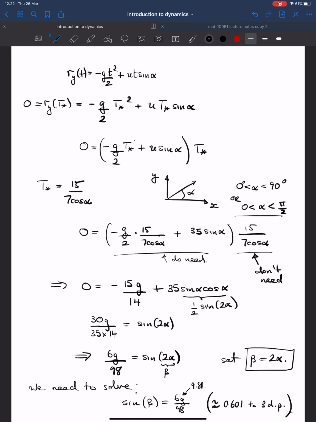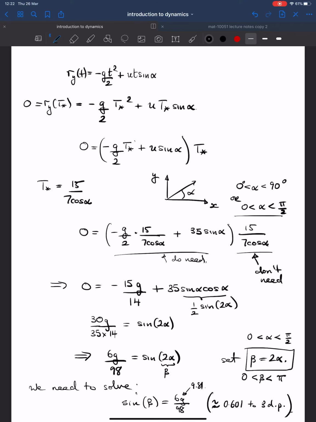So if we plot the graph of sine beta, remember that I've said alpha has to be between 0 and 90 degrees if we want this thing to be flung to the right and cover some horizontal distance. This means that beta is between 0 and pi.